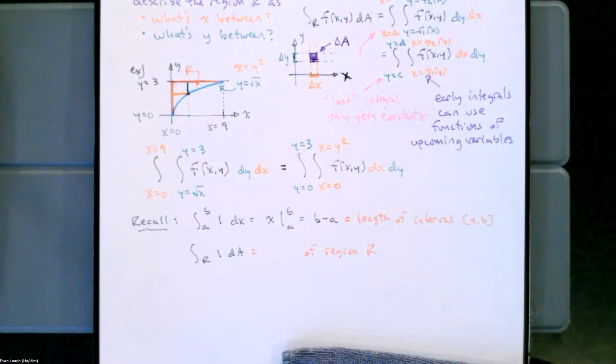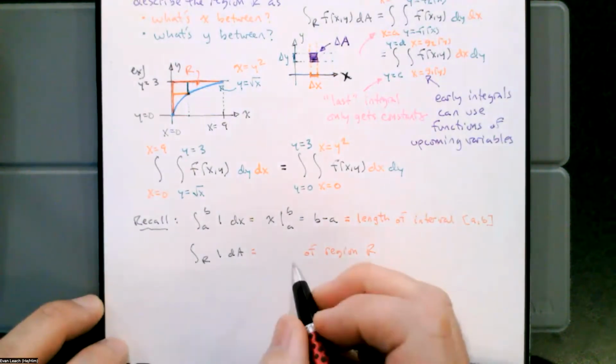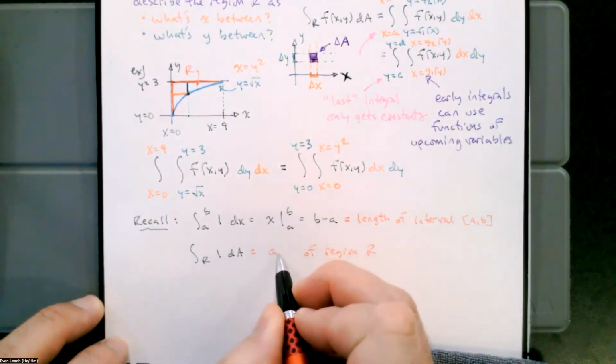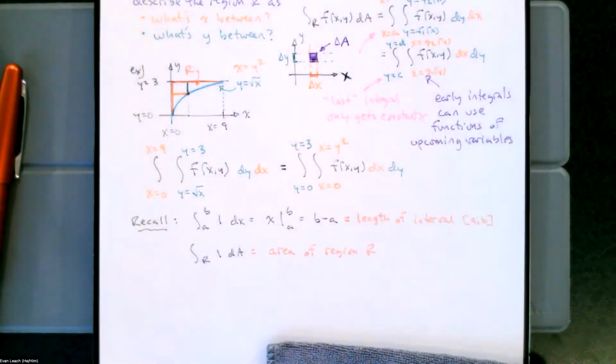I'm just going to put a height of 1 above every point and add up all those values. Remember what this is all built on: the height times the area. If the height is always 1, then whatever we get here is going to be the area. If we integrate the function 1 dx, we get the length of the interval. If we integrate the function 1 dA, we get the area of the region.